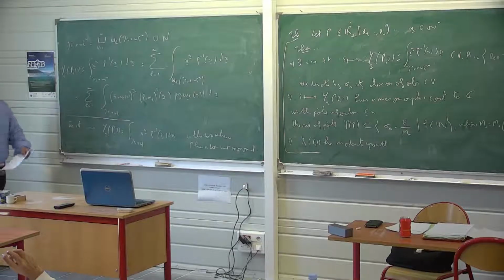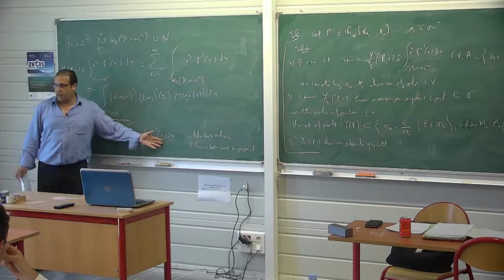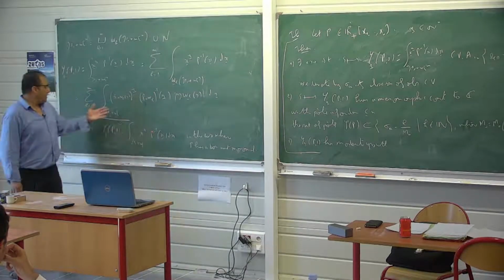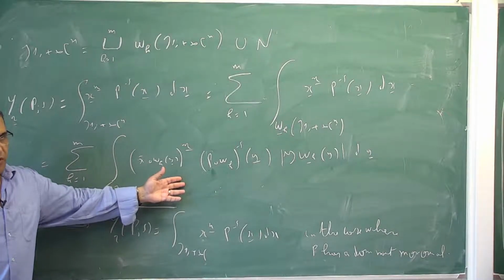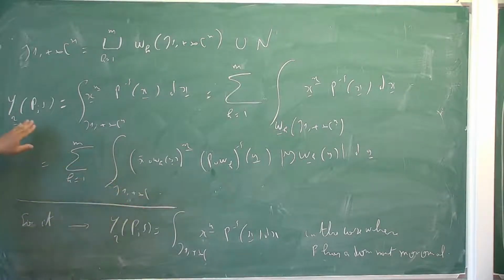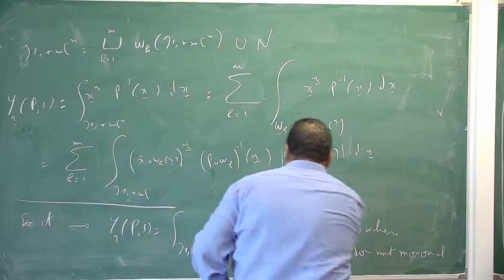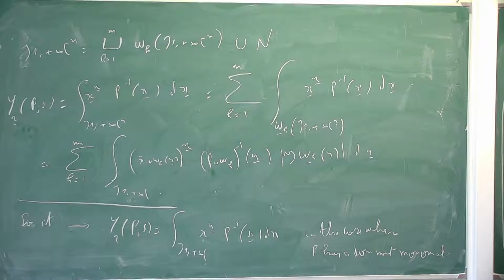If you are able to study meromorphic continuation in the case where P has a dominant monomial, then by using this decomposition, you obtain in an explicit way a meromorphic continuation in the general case. So now I will explain how to prove analytic continuation in the case where you have a dominant monomial.